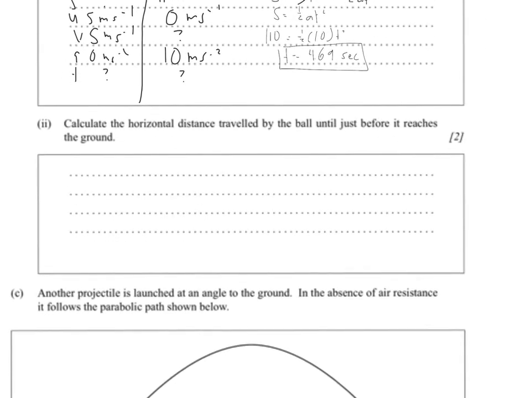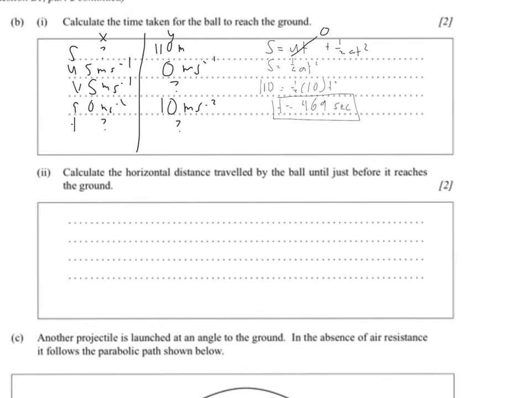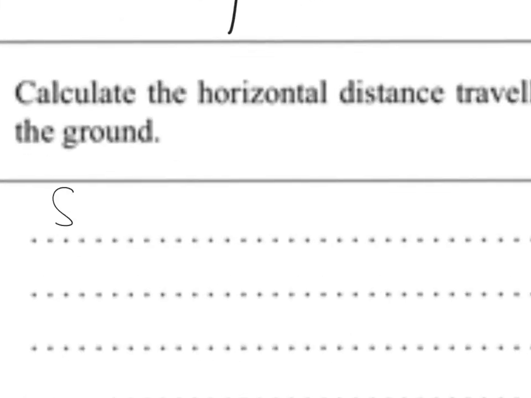For C, it says to calculate the horizontal distance traveled by the ball just before it reaches the ground. So that, referencing our above SUVAT setup, is the distance in the x. If we have these values right here, and we now have time, we're able to solve for s using the same equation as above. So again, s equals ut plus 1/2 at squared.